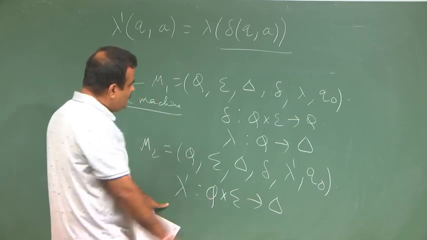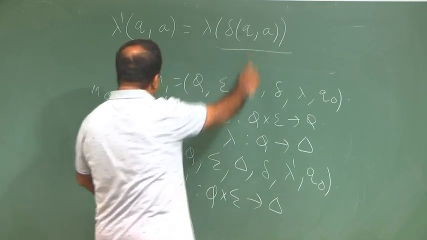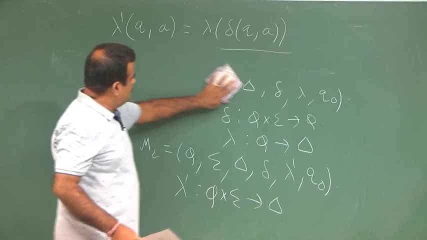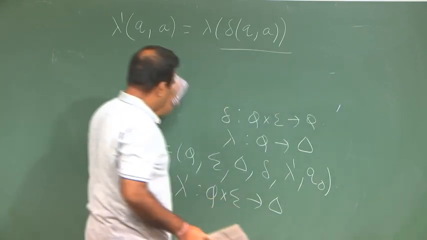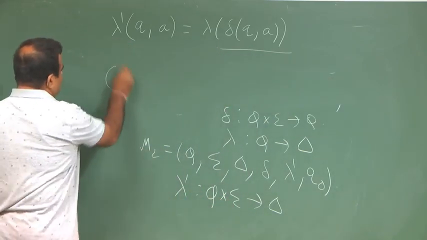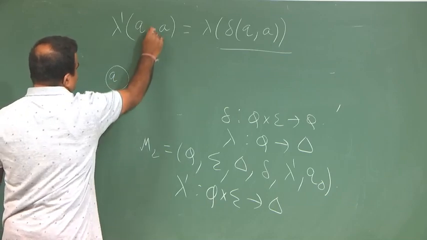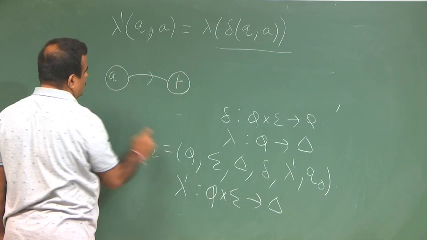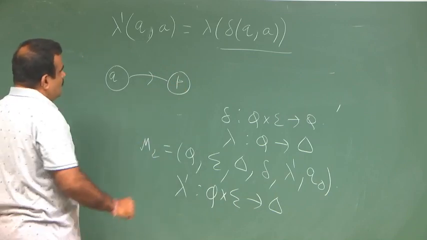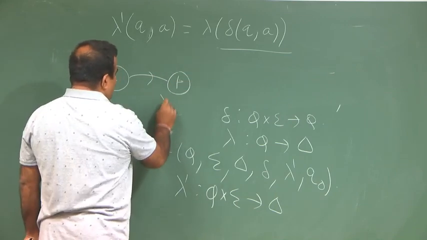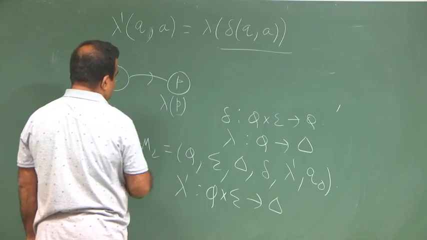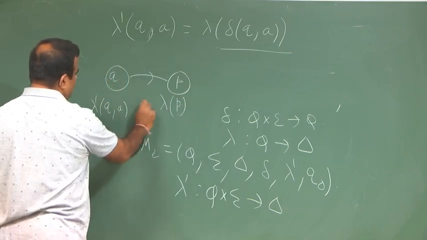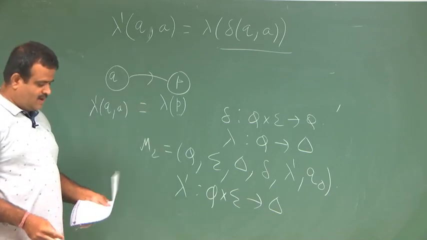The output will be the same as, so it will reach some state. Suppose we are at q, and with delta we are going to p. Now with this p, where we are going under this, that is nothing but our lambda prime of q, a. This is the way we define it.